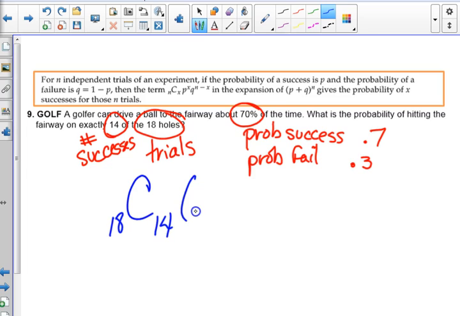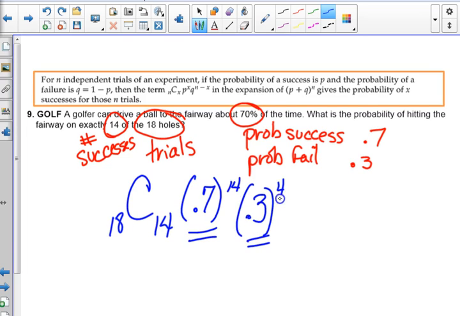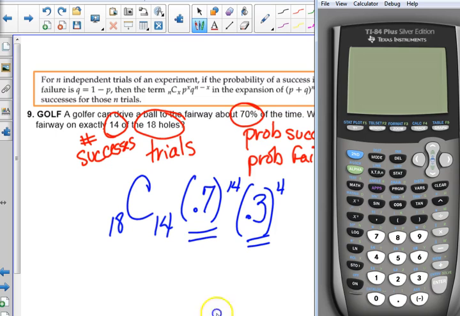So we're going to multiply that 18C14 by the probability of success 14 times, and the probability of failure, or we want to fail how many times exactly? 4 times. So this is success to the number of successes, failures to the number of failures. Does that make sense? Okay. So type that in. It's a hot mess. And then I'm going to show you how to do a shortcut.